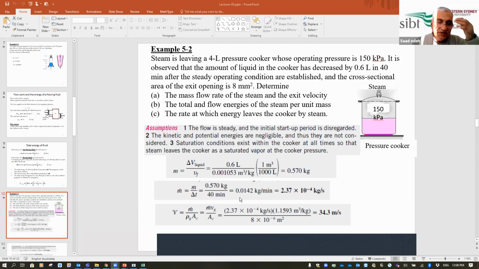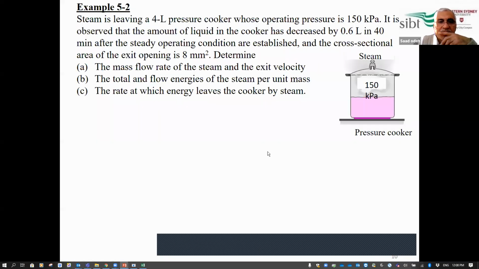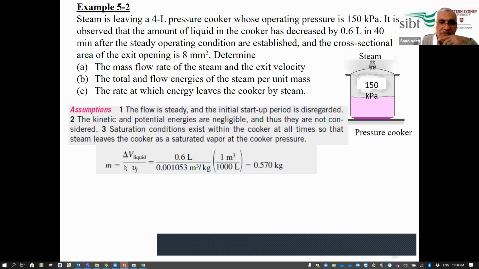All right, so back to the question here. Remember, we found the mass flow rate from this equation. And remember, we said delta V, we know the amount of fluid leaving the cooker, which is 0.6 liter in 40 minutes, they said here in the question.